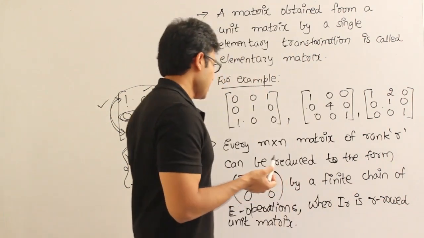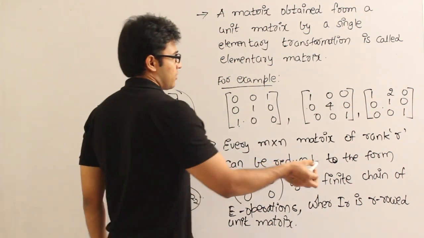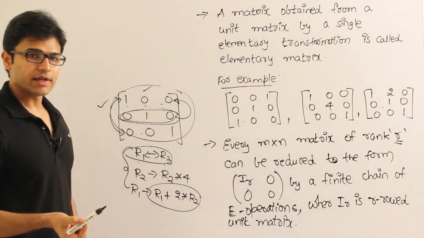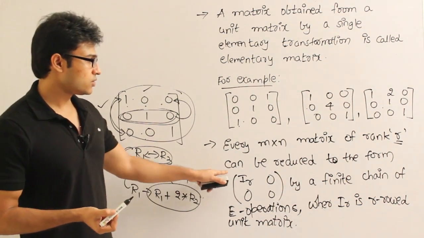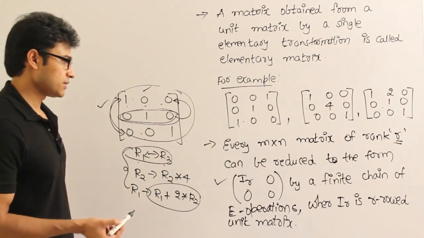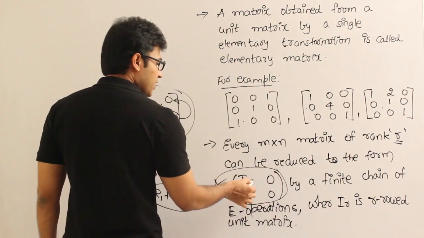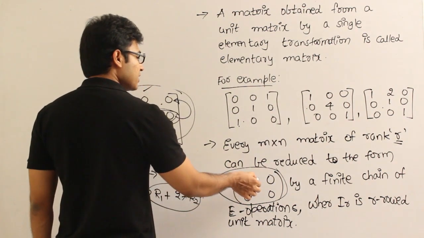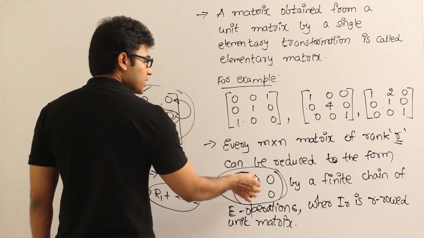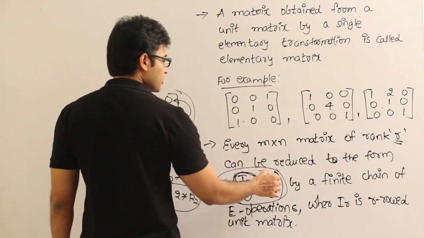I'll tell you. And the next one is: every m by n matrix of rank R. Whenever you see that a matrix is of rank R, you can reduce that matrix to this form by using elementary transformations, which means we can apply elementary transformations in such a way that we convert the matrix to a unit matrix whose size is equal to the rank of the matrix, and all the remaining elements will be zeros.